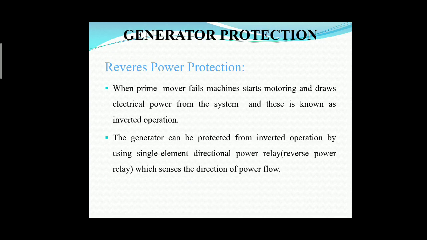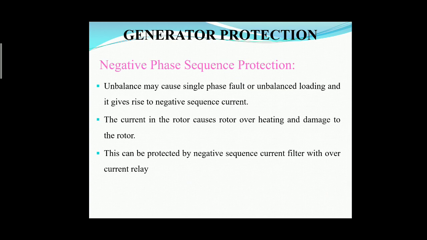Next one is the reverse power protection. If any reverse power is obtained, we need the protection. The generators can be protected from inverted operation by using single element directional power relays.